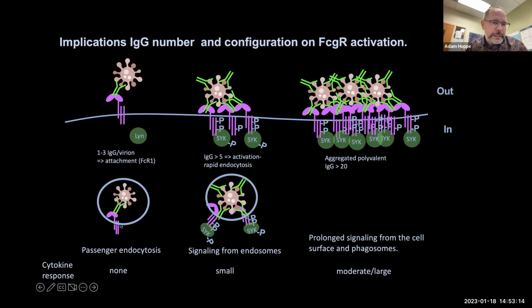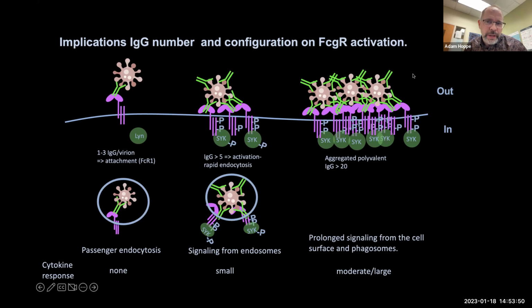So this would be just riding in through a passive endocytic process, but it would aid in capturing the virion. We think that approximately 5 IgGs, so 5 Fc domains, clustering, I've got 3 receptors shown here, but I guess 5 receptors, would be sufficient to activate Syk kinase and trigger rapid endocytosis, as well as some additional signal transduction from endosomes. Okay, but we think of this as sort of a modest or a small signaling process.